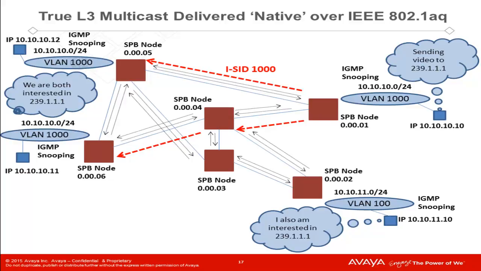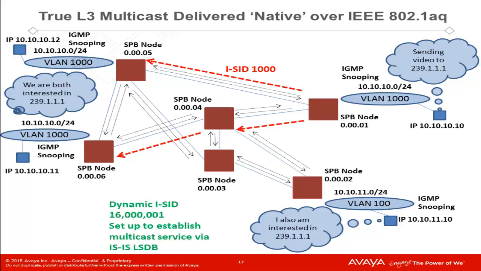In this example, end station 10.10.10.10 is now a video server, sending video into group 239.1.1.1. As it sends multicast data into the SPB network, SPB node 0.00.01 establishes a high-order ISID for the multicast group.